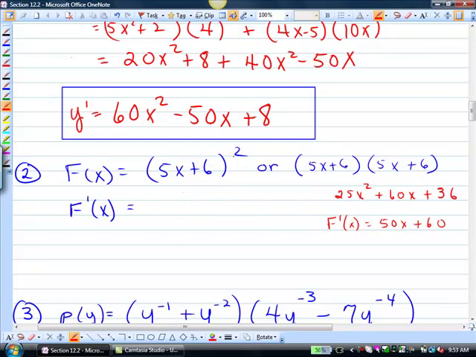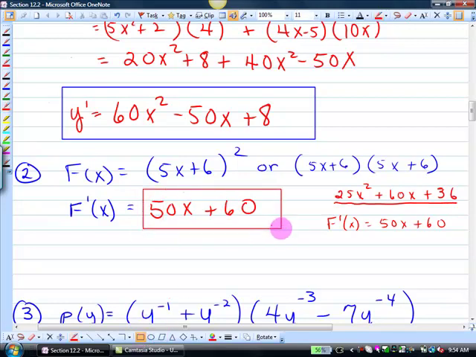You don't have to write anything out. So when you get this here, take the derivative of it, you get 50x plus 60. Okay. All right. That one's easy. Easy, easy.